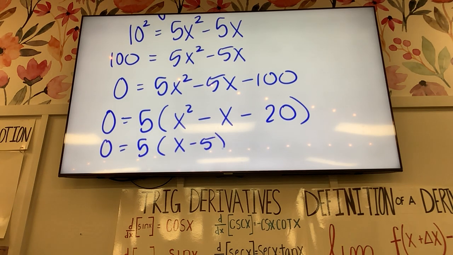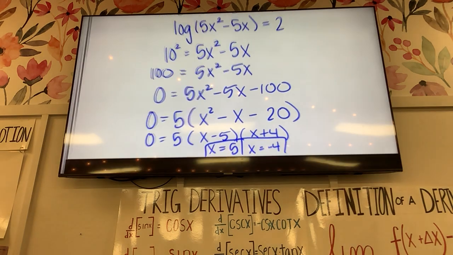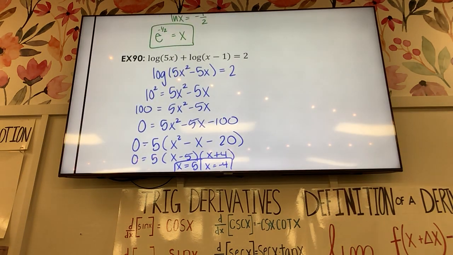And then -5, +4 are the two numbers that multiply to give you -20, add to give you -1, which means x is going to equal 5 and -4. And then -4 won't work because when you plug it back in here, you would get negatives. So just 5 works.